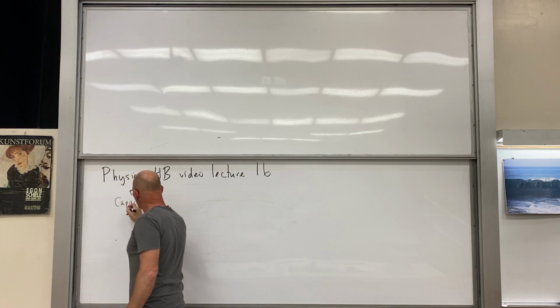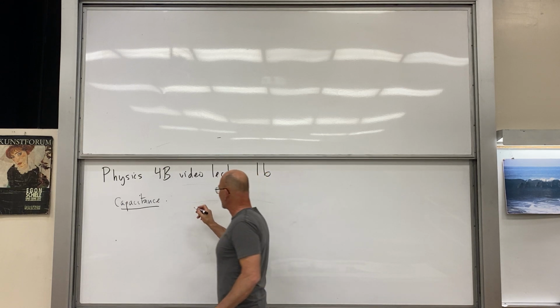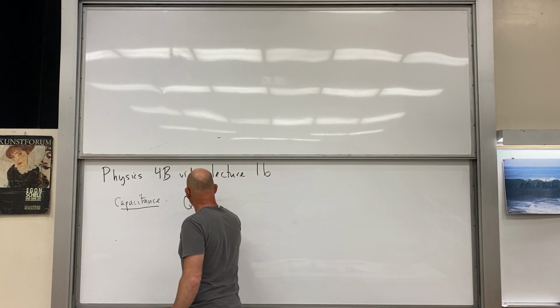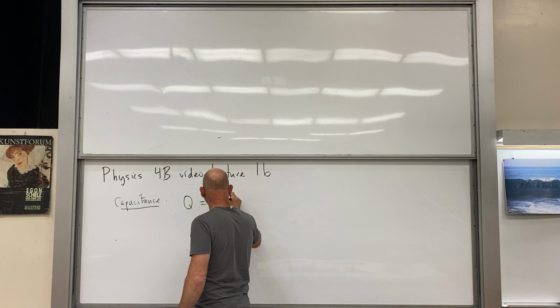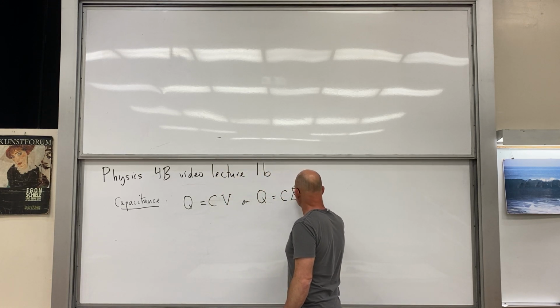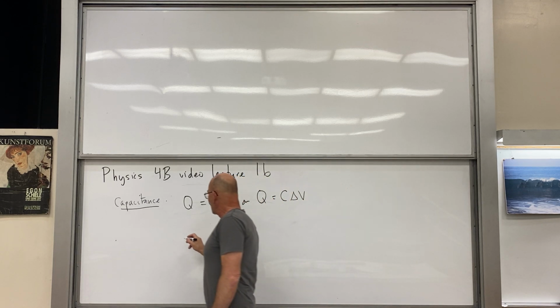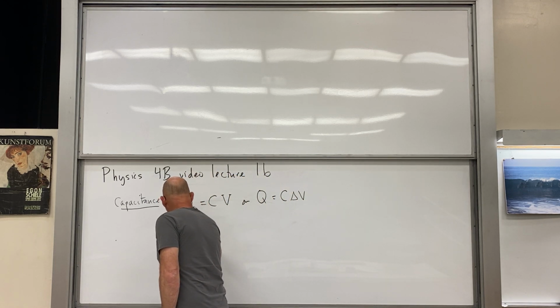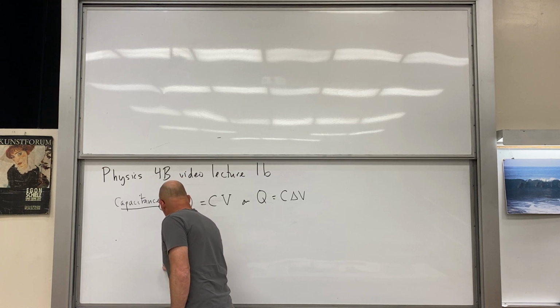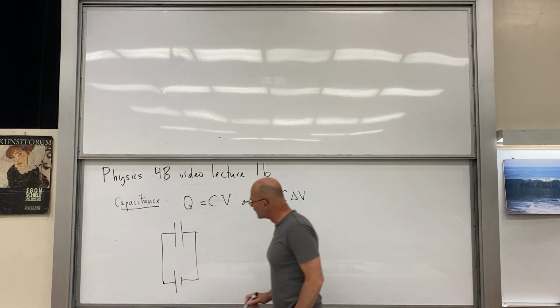The capacitor will be our first circuit element, and we have Q equals CV, or Q equals C delta V, depending on how you want to write it. And we already have this parallel plate capacitor, so this becomes our capacitor, and I'll introduce the battery here as well.